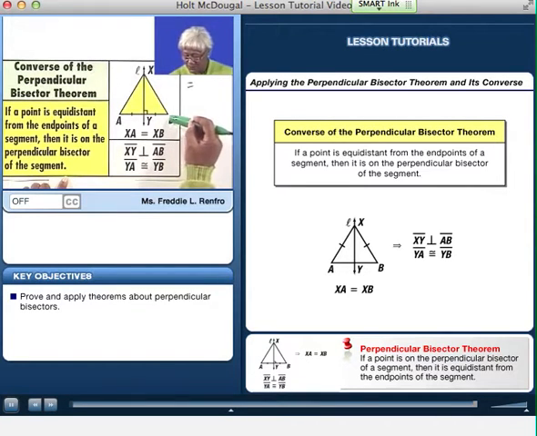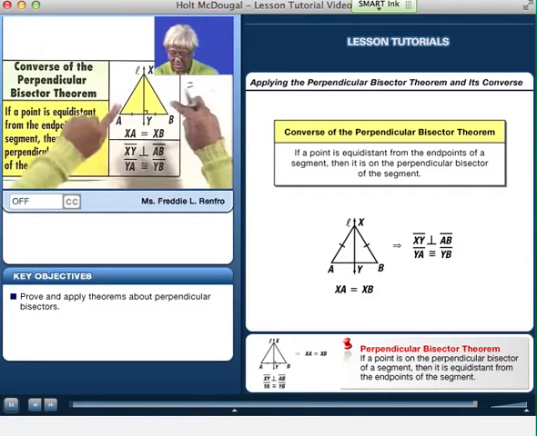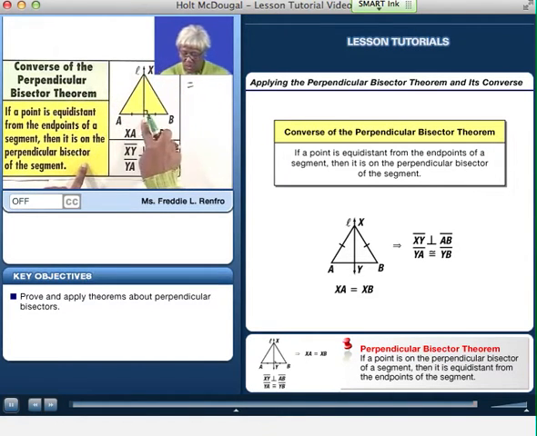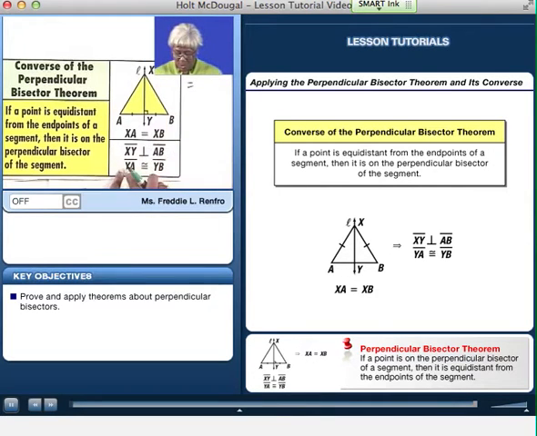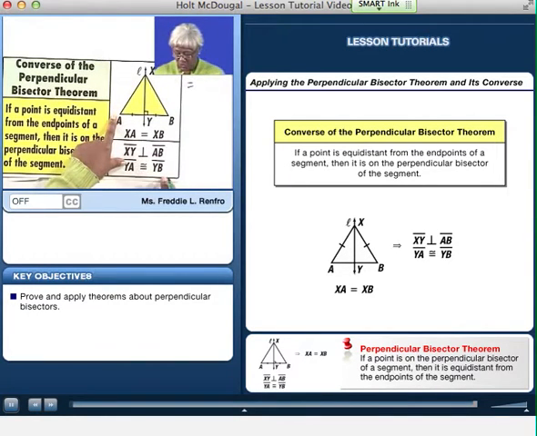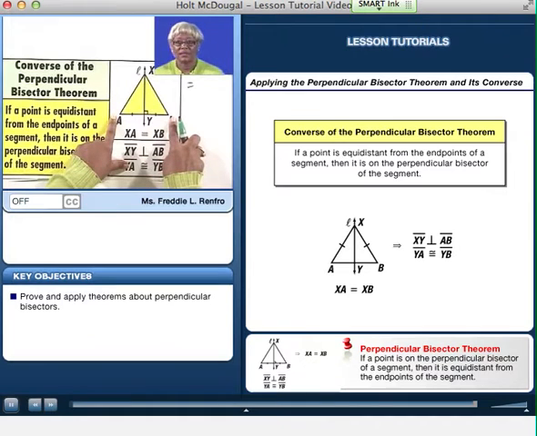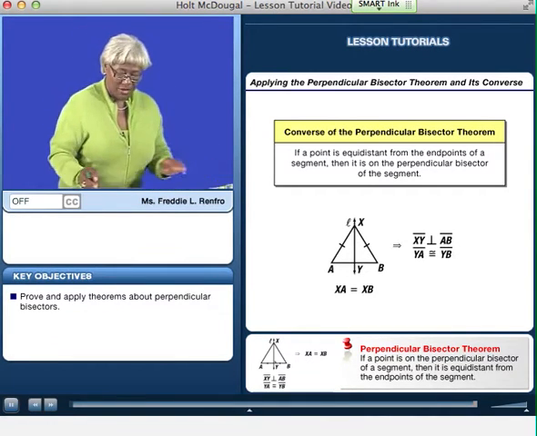In other words, if XA is equal to XB, then XY is perpendicular to line segment AB, and segment YA is congruent to segment YB. Okay? Knowing that, let's go back to our problem.